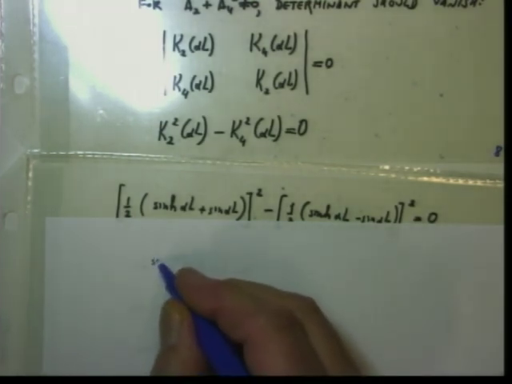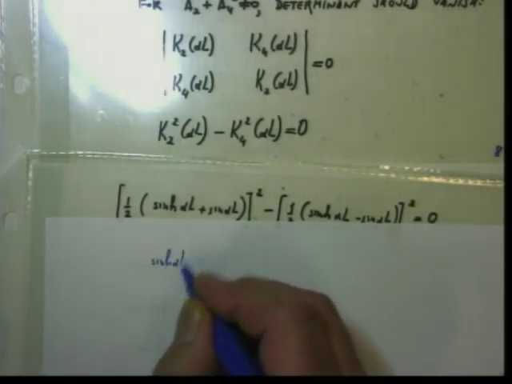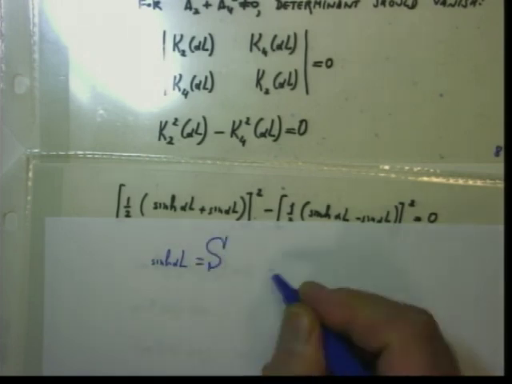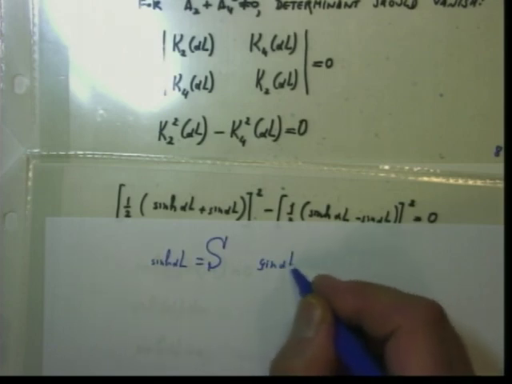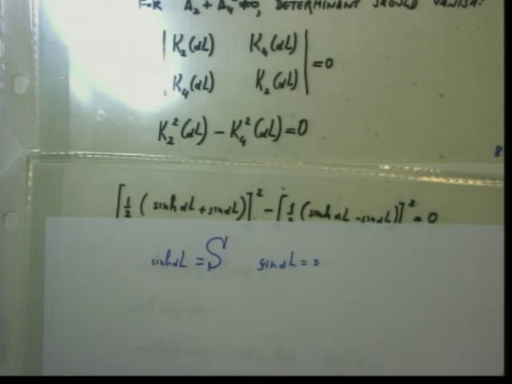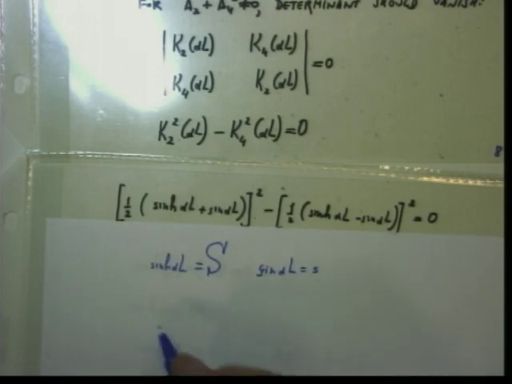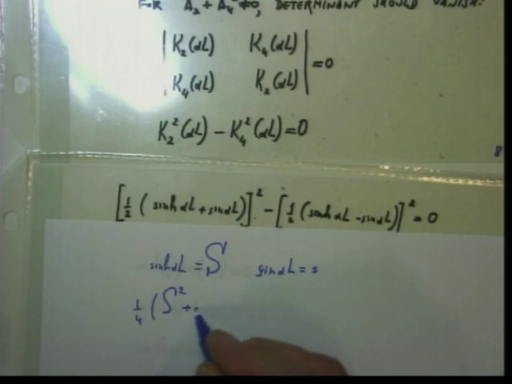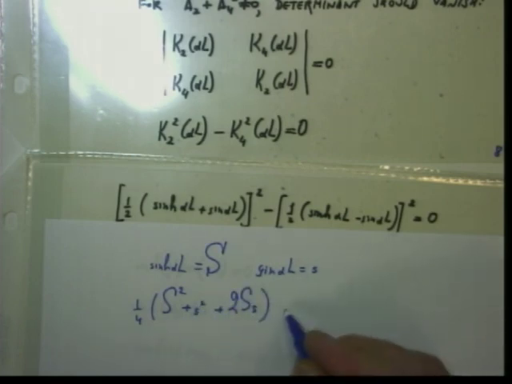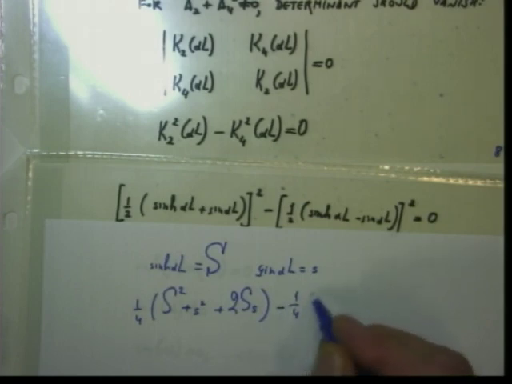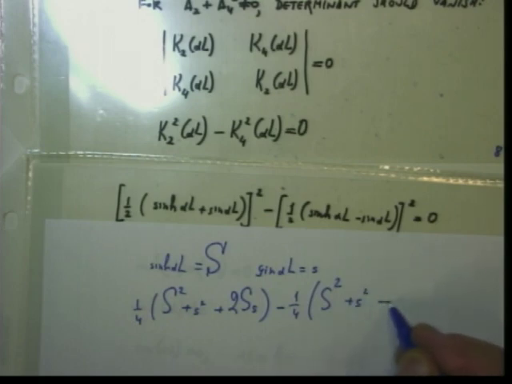So look, please. Hyperbolic sine alpha L I can denote by capital S. Sine alpha L I can denote by small s. So I have here, first of all, 1/4 of S square plus small s square plus 2 capital S small s, then minus 1/4 of S square plus small s square minus 2 S small s.